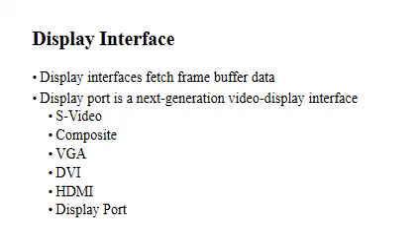DisplayPort is a next generation video display interface that uses from 1 to 4 lanes of video data. Each lane is a single wire with a clock embedded in the serialized data. Now describing some display interfaces. First, S-Video. S-Video was a high-quality analog signal and was the standard for video and TV until the arrival of HD and HDMI.